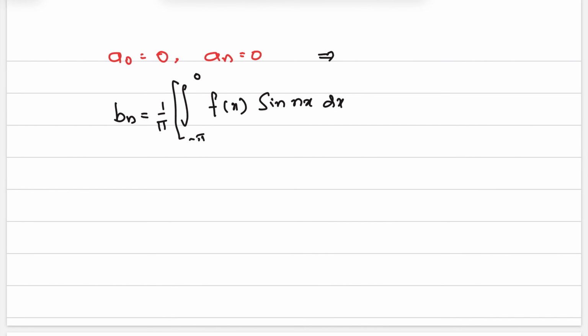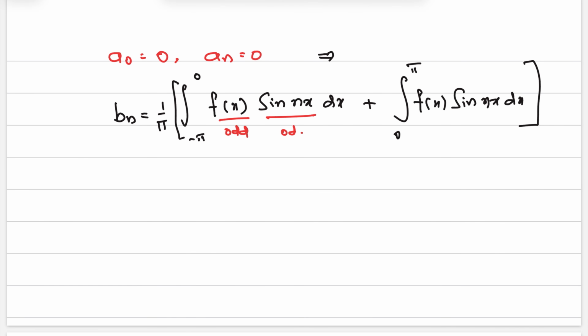Now, what is left over? b n. What is b n? b n is 1 by pi times the integral minus pi to 0 f(x) sin nx dx plus the integral 0 to pi f(x) sin nx dx. Here f(x) is odd and sin nx is odd.